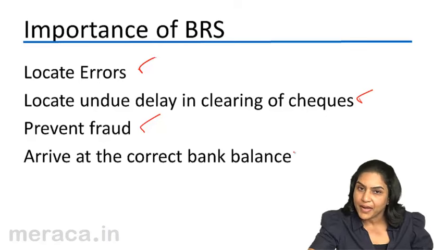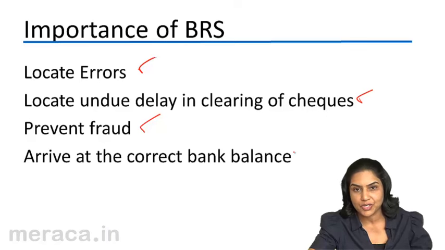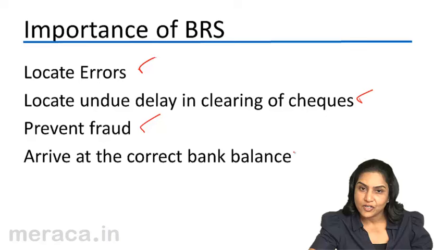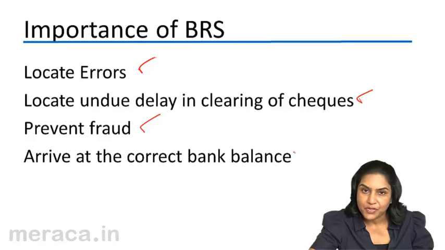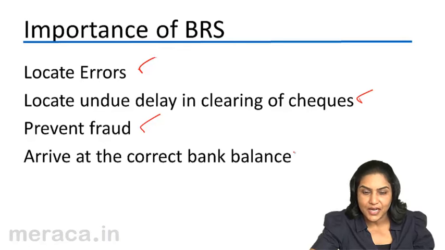With the help of the bank reconciliation statement, we arrive at the correct balance which should be reflected in the balance sheet. We consider errors we have made. We consider all incomes and expenses which are relevant for that particular year. Pass necessary entries in the cash book and arrive at the correct bank balance. We will discuss this in detail when we discuss the adjusted cash book.